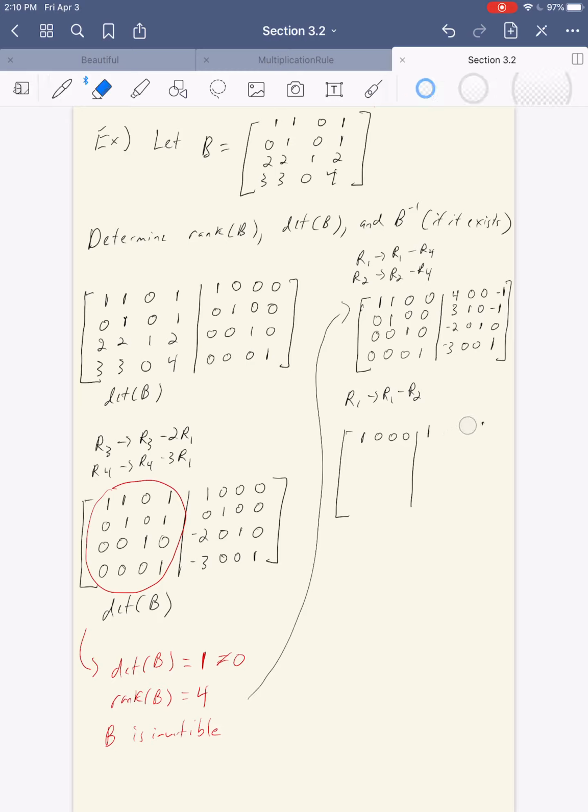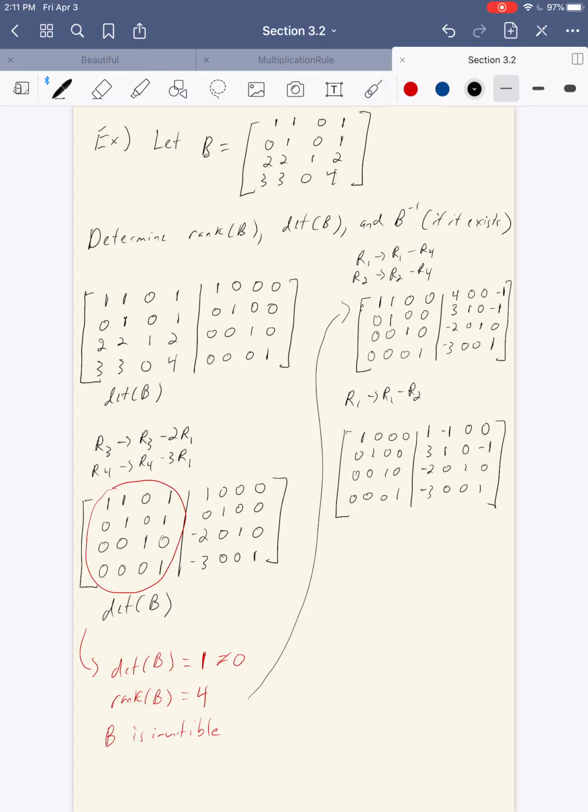I lost track of exactly what I was looking at there. Okay, so we get 1, 0, 0, 0, then minus 1, 0, and 0. There we go. Row 2 should stay the same: 0, 1, 0, 0, 3, 1, 0, minus 1. Then 0, 0, 1, 0, minus 2, 0, 1, 0, and 0, 0, 0, 1, minus 3, 0, 0, 1.